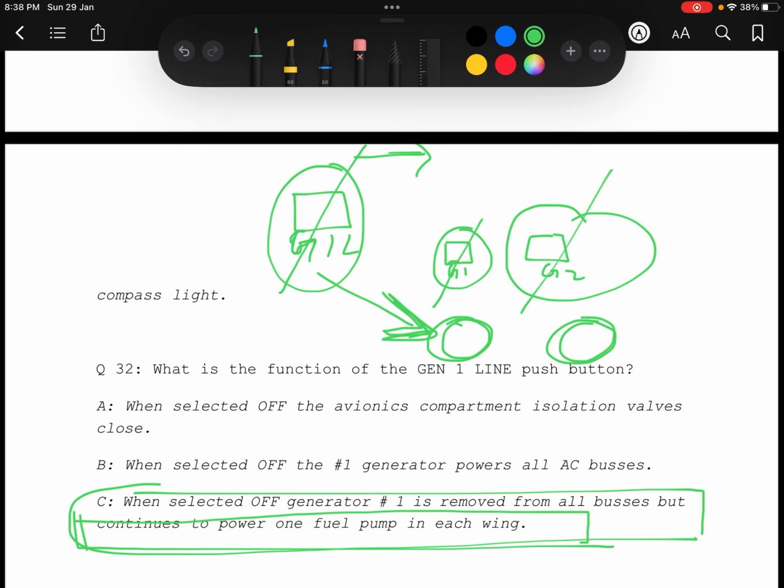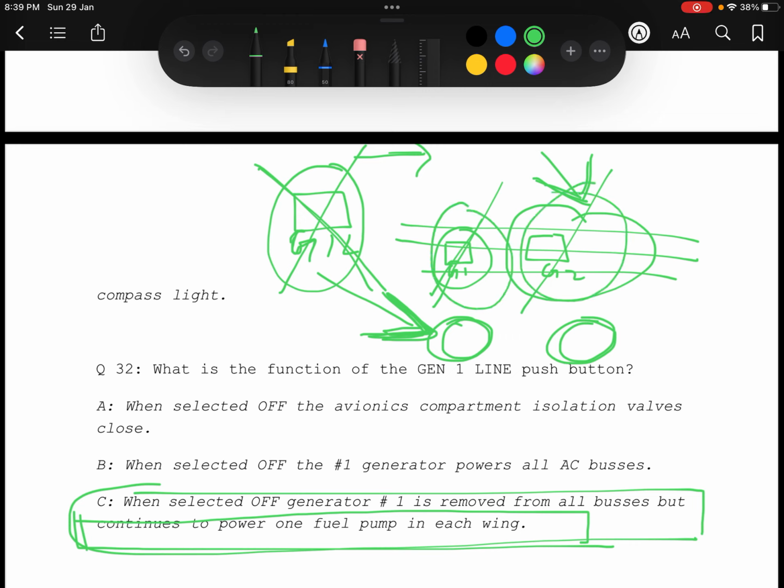If we switch off both generators for the avionics smoke or something, then there will be no fuel to the engine, so who will supply the fuel to the engine? So we press the gen 1 line push button so that it gives power to the fuel pumps, and the fuel pumps supply the engines. And then we press the gen 2 only, not gen 1 and gen 2 both. Is it clear? I hope I was able to tell you.